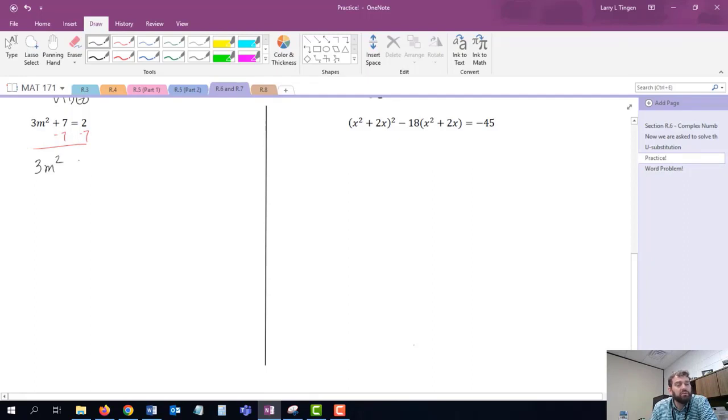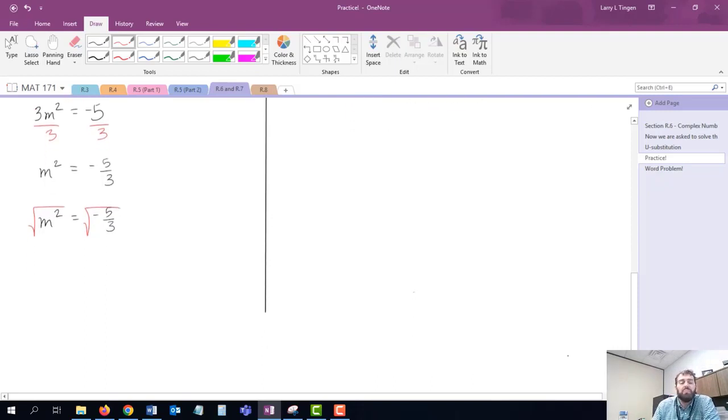7 minus 7 is 0, 2 minus 7 is negative 5. m squared is not by itself because it needs to be divided by 3. I've got m squared is equal to negative 5/3. And we know what happens next. I need to get rid of that square because, again, the goal is to solve for m.